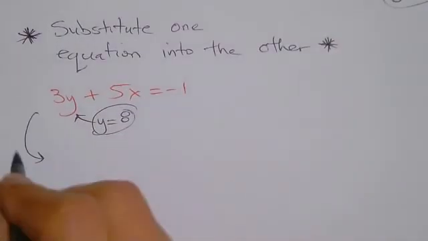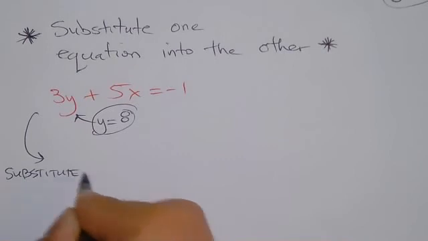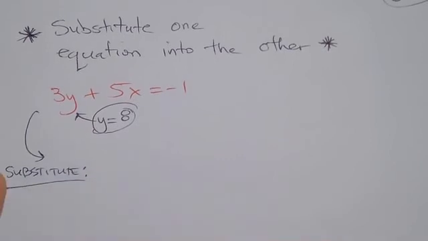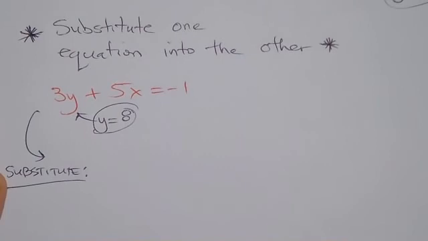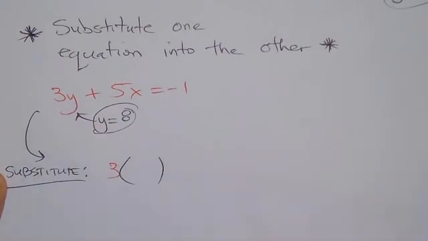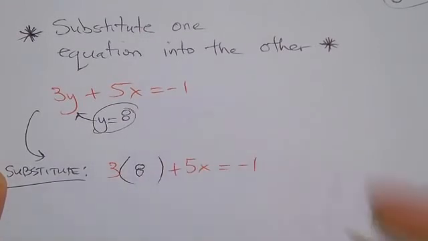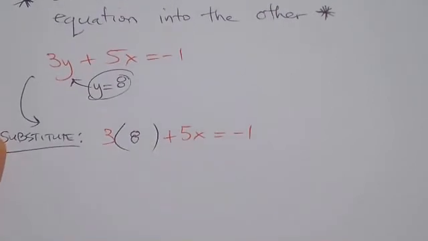So when I substitute, it's substitution method. Tell me what the new equation is now. What is it? Isn't it 3 times what? 3 times 8, and then you copy the rest. Plus 5x equals -1.